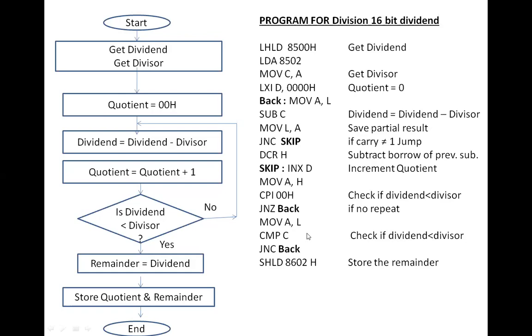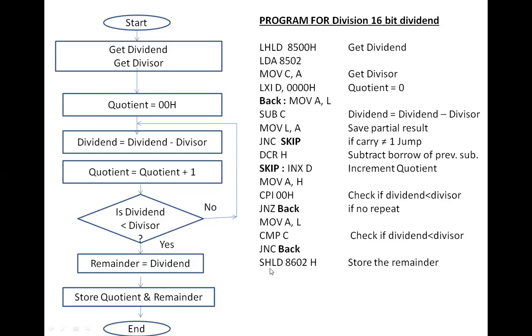Whenever we are skipping, we have to store the value of the result, that is the quotient, as well as the remainder into memory locations. Suppose 8602 has been assigned to store the remainder. So it is going to store the content of the HL pair into 8602. And what does the HL pair contain? The HL pair contains the value of the remainder, because the remainder value will always be less than the divisor value.